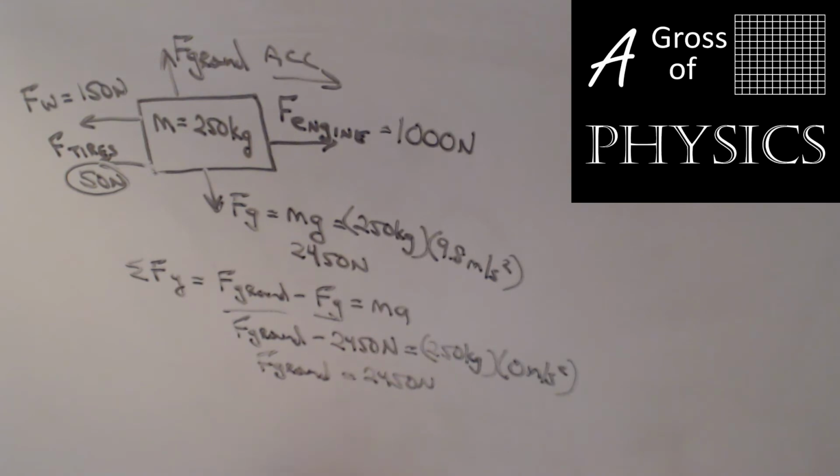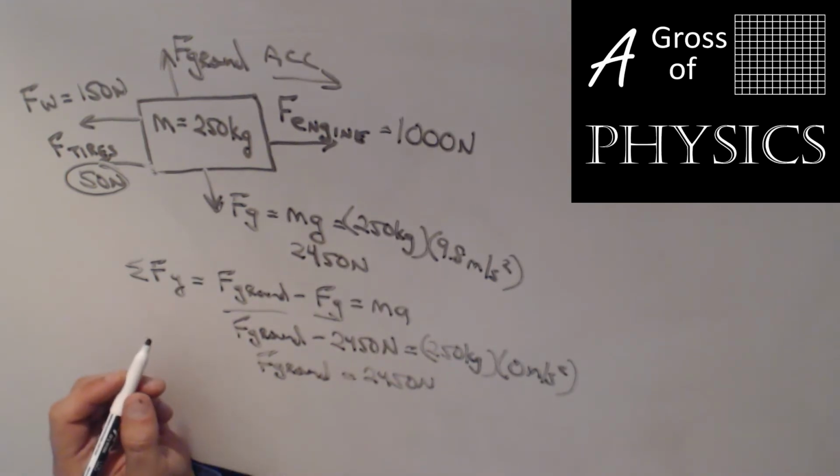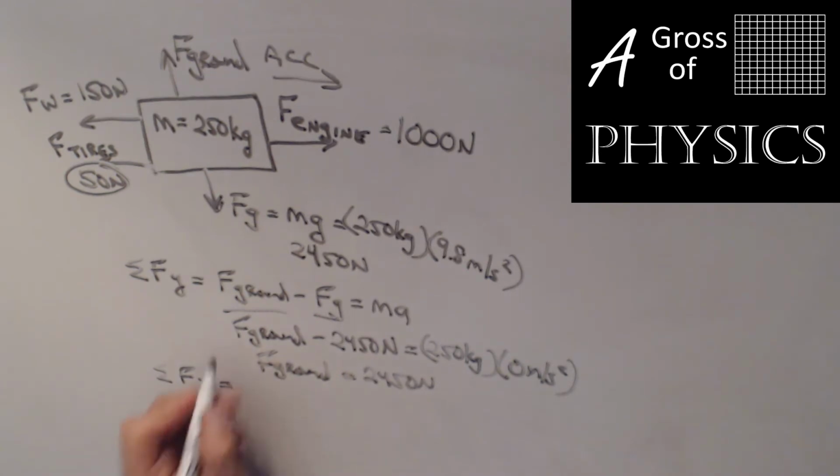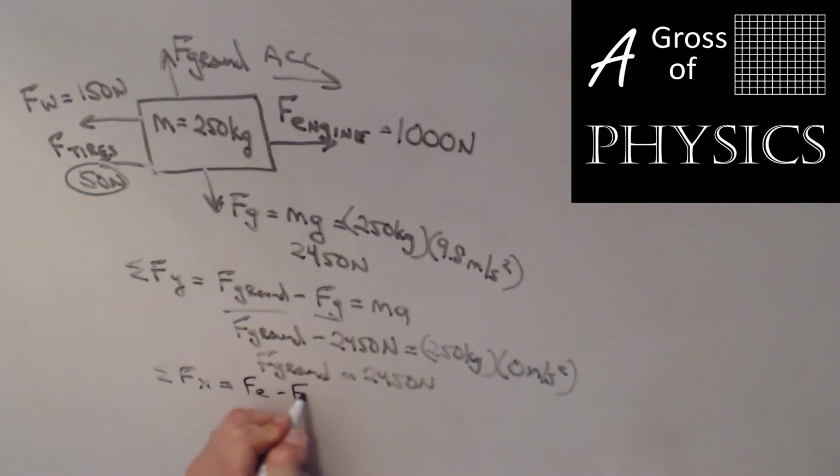So we have one value already set. Now, that being said, we can then move to the x direction. So sum of the forces in the x equals. And the way the equation is going to set up is you're going to have a different equation because you have different variables. In fact, we have Fe for the engine, minus Fw for the wind, minus F tires for the tires, and that's going to equal Ma.